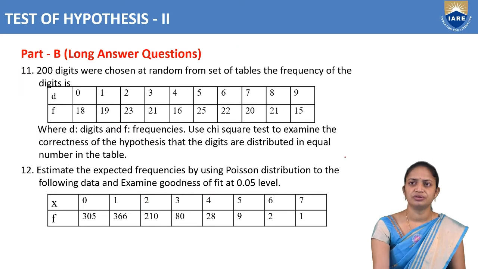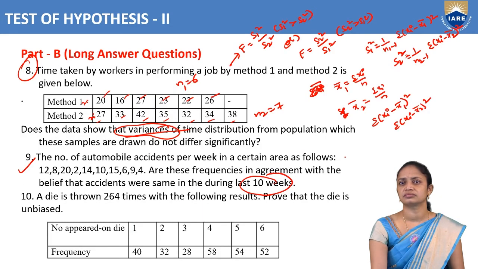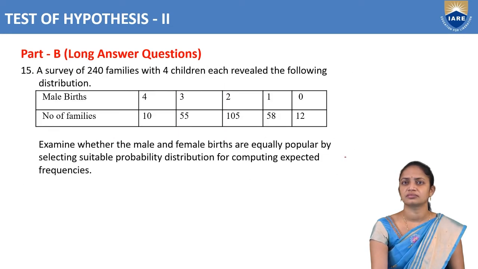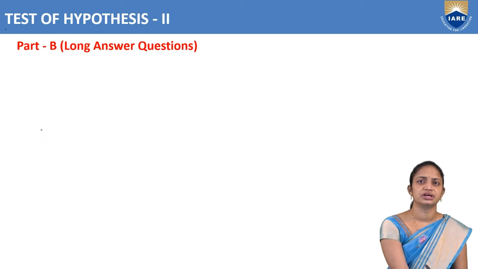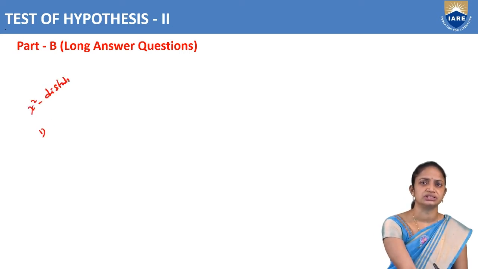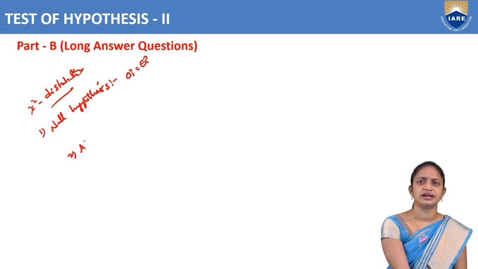This is the chi-square distribution procedure. So first is the null hypothesis. In the null hypothesis, we have to set up O equal to E, and then the alternative hypothesis.